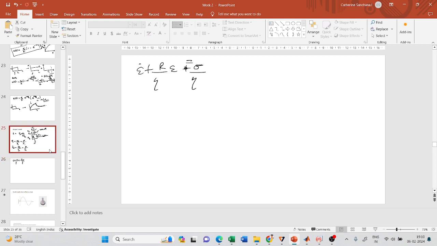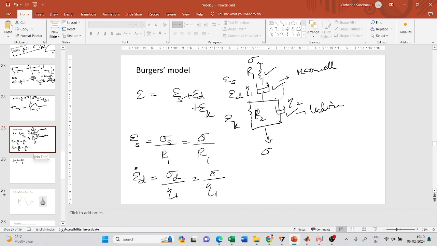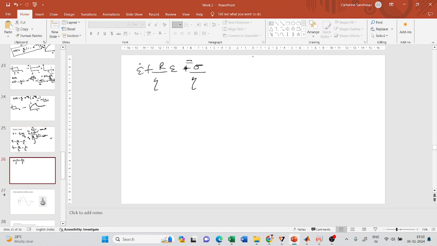So here also, this entire Kelvin model will be subjected to a stress of sigma. But the stress taken by the spring and dashpot inside the Kelvin model will be different. The total stress taken by the Kelvin model is sigma, right? That is why I'm writing it directly as sigma here. So this is my epsilon K.